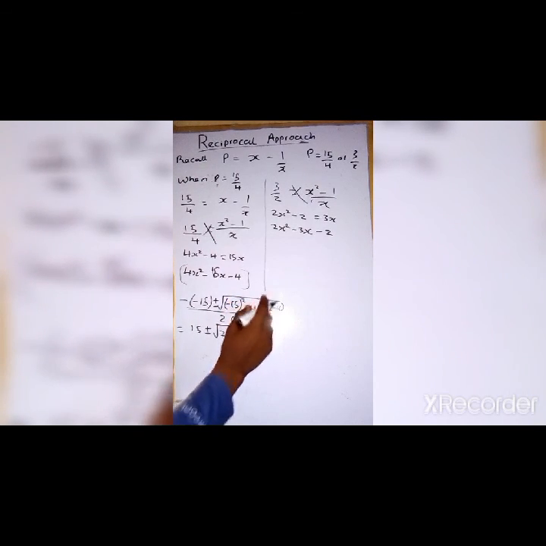So minus times minus, I actually have plus here. So 4 times 4 times 4, I have 64. So everything over 2 times 4, 8. So I have 15 plus or minus square root of 289 over 8. So now I have 15 plus or minus 17 over 8.